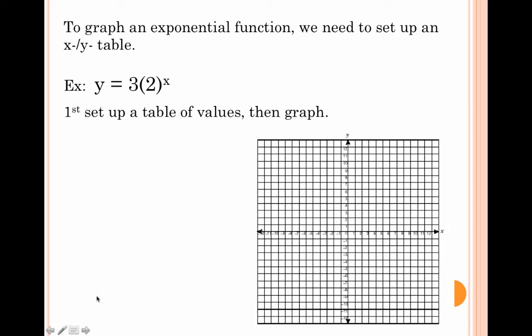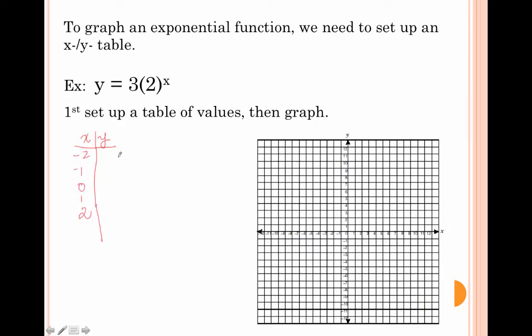So now we're going to take a look at what a graph of an exponential function looks like. So we're going to set up an XY table to come up with some values to graph. I'm going to use this example, 3 times 2 to the x power, and I'm just going to set up my normal XY table of -2, -1, 0, 1, and 2.